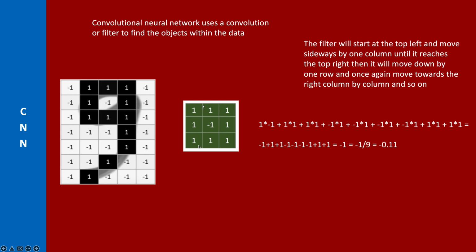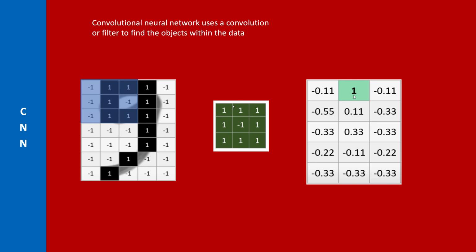So first our filter fixes itself at the top left corner of the digit, and every number under the filter is multiplied with its filter partner.